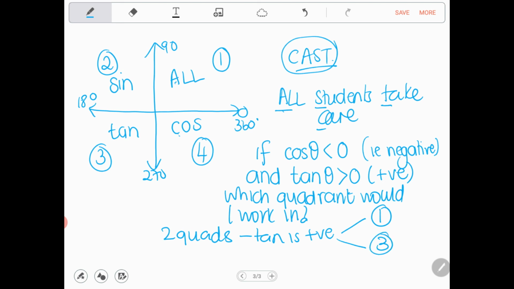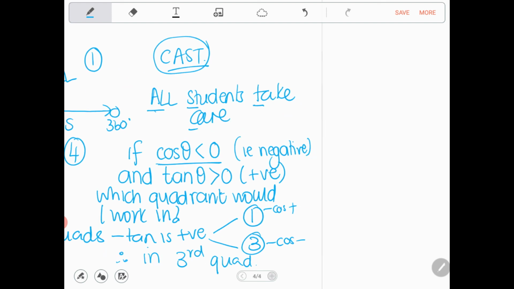Now I need to check between these two quadrants, where is cos negative? Well, in quadrant 1, cos is positive because all the ratios are positive in the first quadrant. So this is where cos is negative. Therefore, I'm in the third quadrant. Okay, so this is just teaching us to move around this diagram.